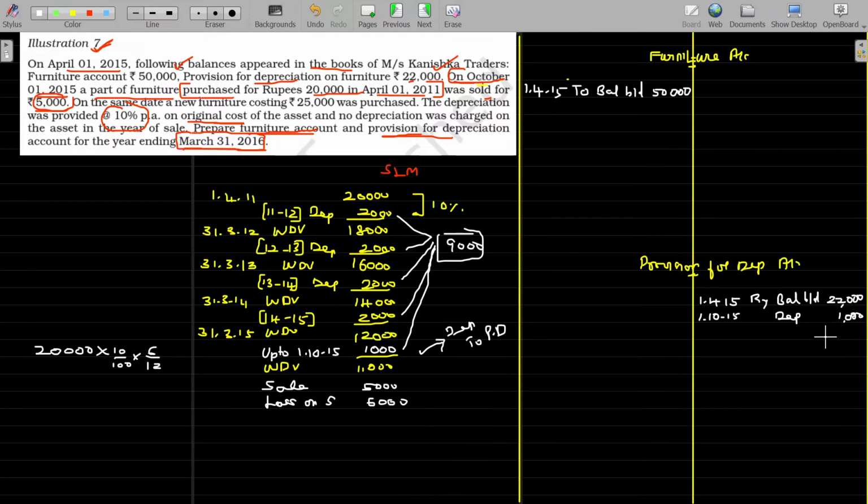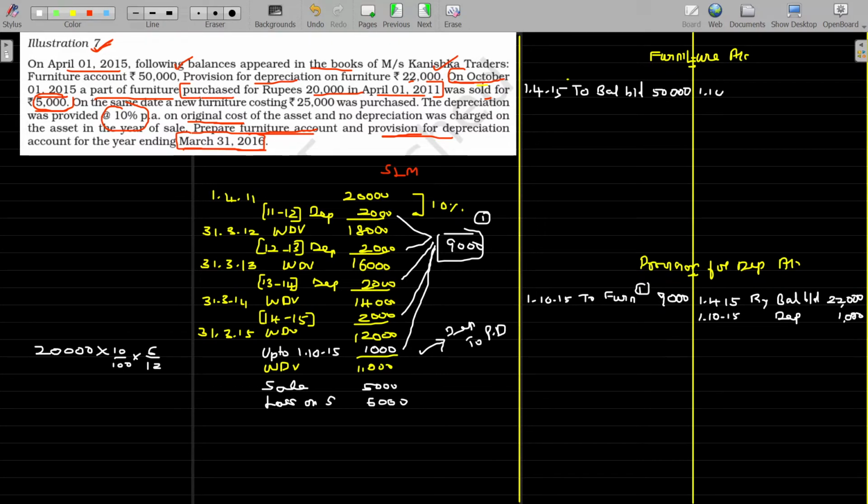Whenever the asset is sold, the accumulated depreciation on the asset sold is transferable from the provision for depreciation to the asset account. So here on the same date, 1/10/15, to furniture account, what is the value here? 9,000 rupees is going to be transferable from here to furniture account.